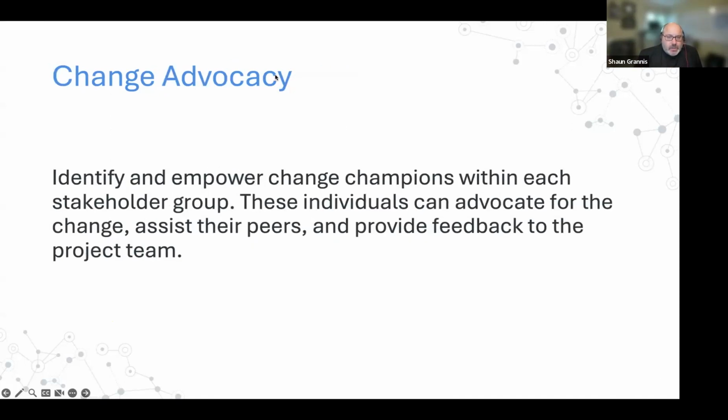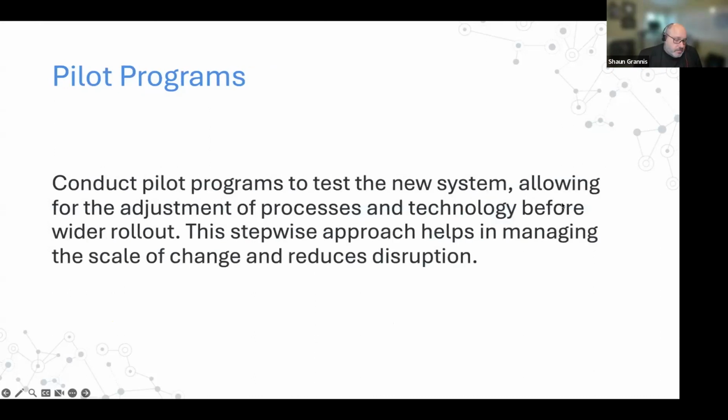Change advocacy. So having champions, having advocates whose job is to advocate and make sure that this work continues to go well is super important. So having both peers and leaders involved helps to maximize the likelihood of success. Piloting, I think, is familiar to most seasoned health information professionals.